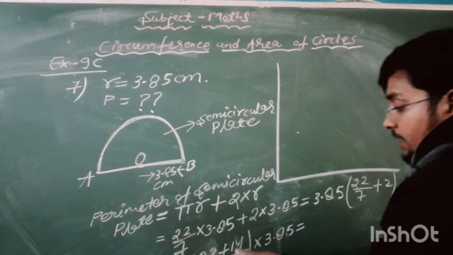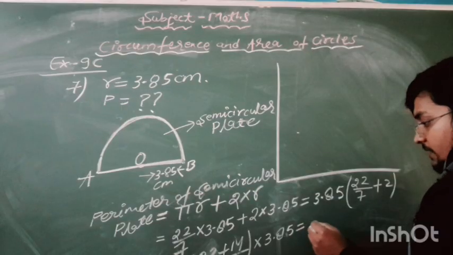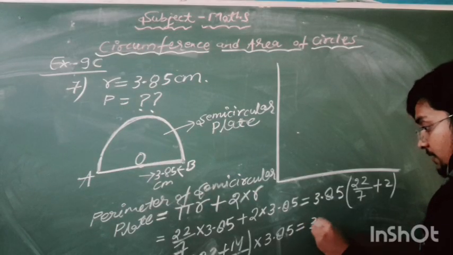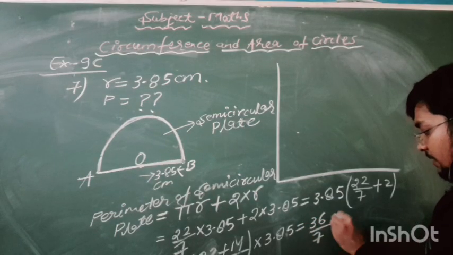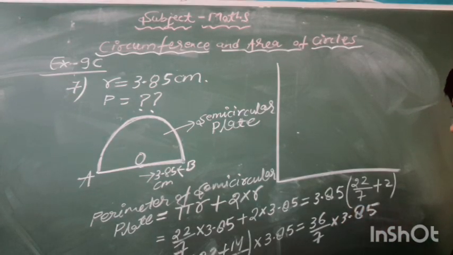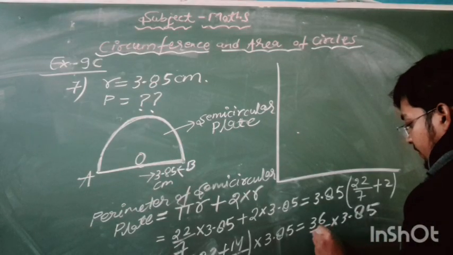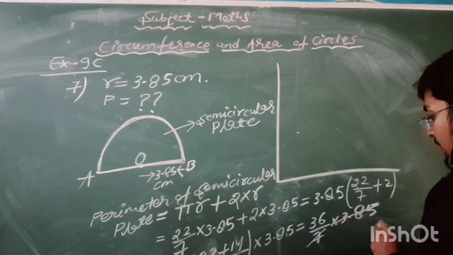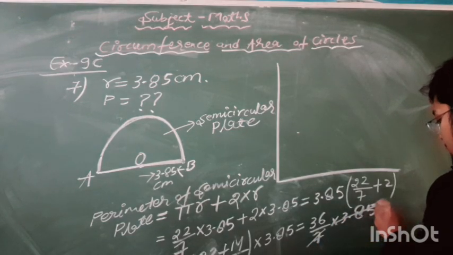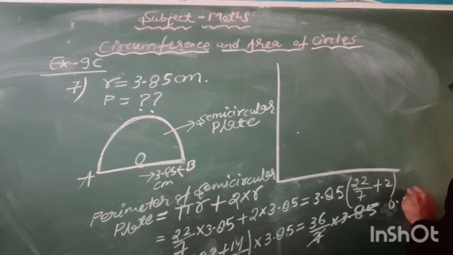The sum of 22 and 14 is 36 upon 7 into 3.85. Here we divide 3.85 by 7, we get 7 5s are 35, and again 7 5s are 35.